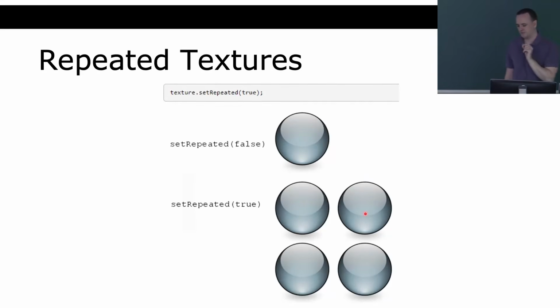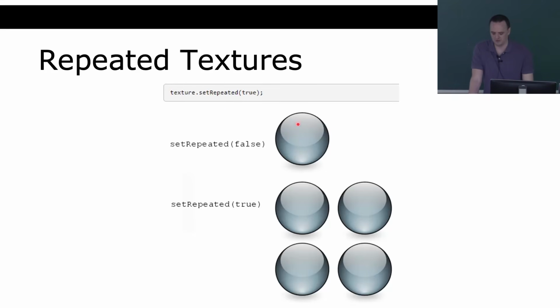Also, something that you might want to do is, let's say I have a big brick wall, and I want that brick wall to be textured like bricks. Would I have to create a texture the size of the wall and load it onto that? Well, that depends. I could have a tiny texture and set repeated. So what set repeated will do is, this is the actual texture.